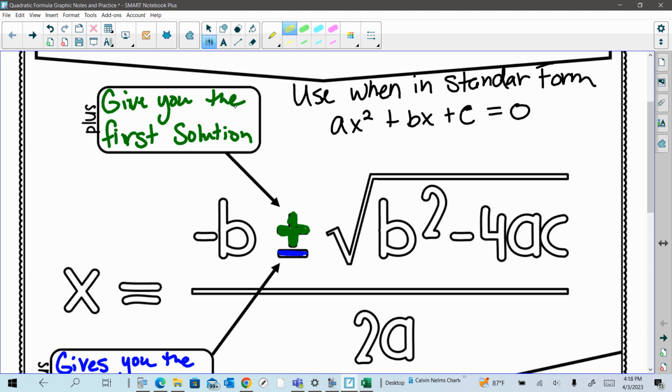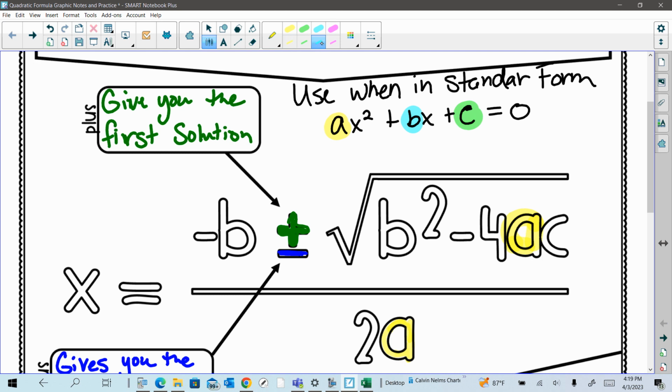We're going to pay attention to our A, our B, and our C. So wherever there is a number or value for A that's in front of the x squared, that's here in the formula where it says 4AC. We're going to substitute those values for A in that part of the formula.